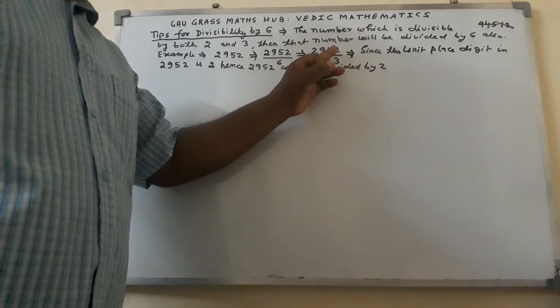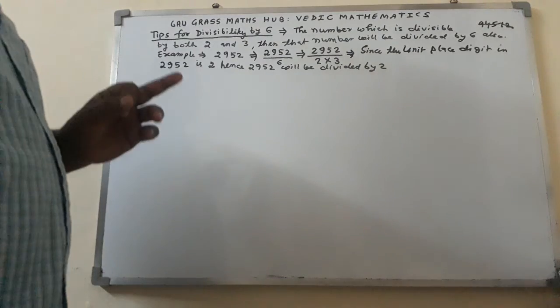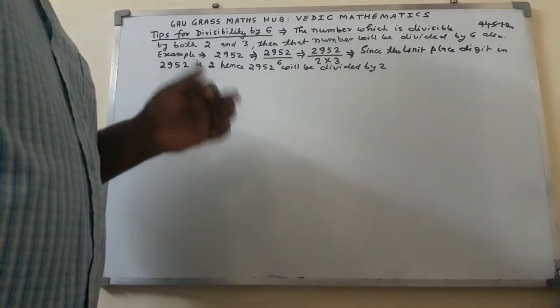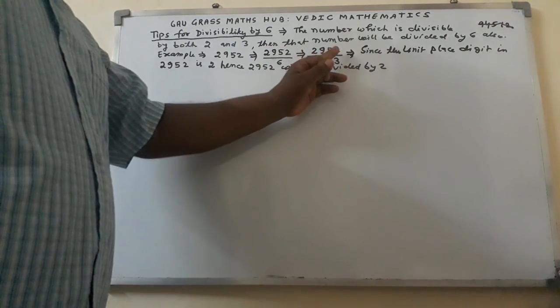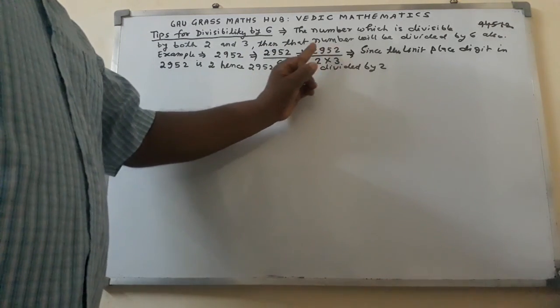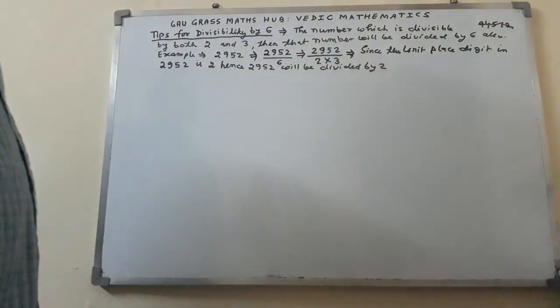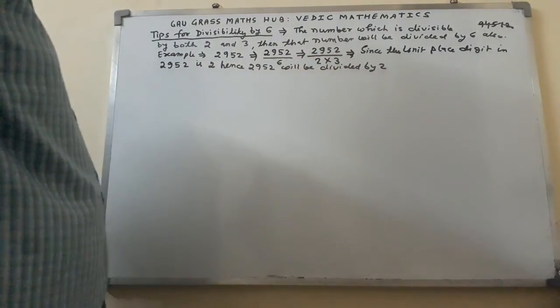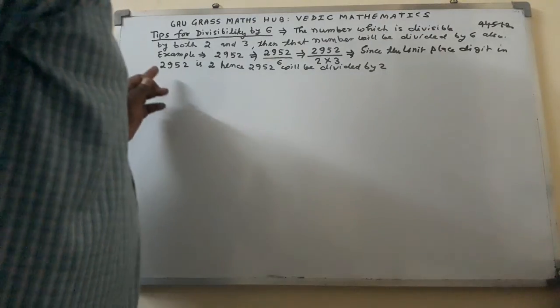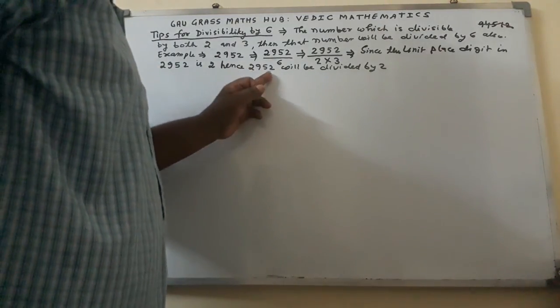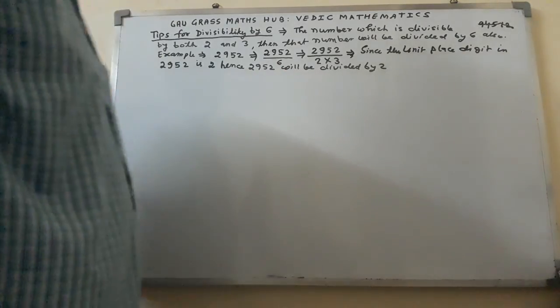As per the divisibility rule by 2, the unit place digit here is 2. That's why this number will be fully divided by 2.